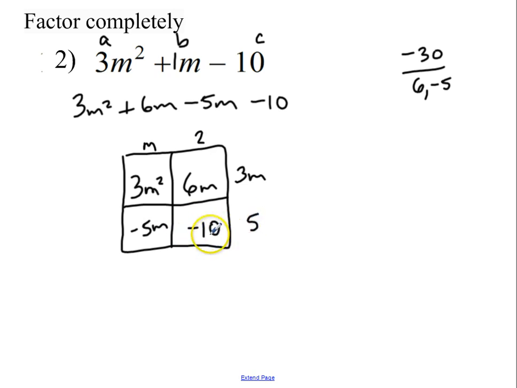Now, because this is a negative 10 and this is a negative 5, they're both negative, so this has to be a negative. These have only one negative, so 2 times negative 5 makes negative 10. It seems to work out. I'm going to keep this positive. So I have m plus 2 as one factor, and 3m minus 5 is the other factor.